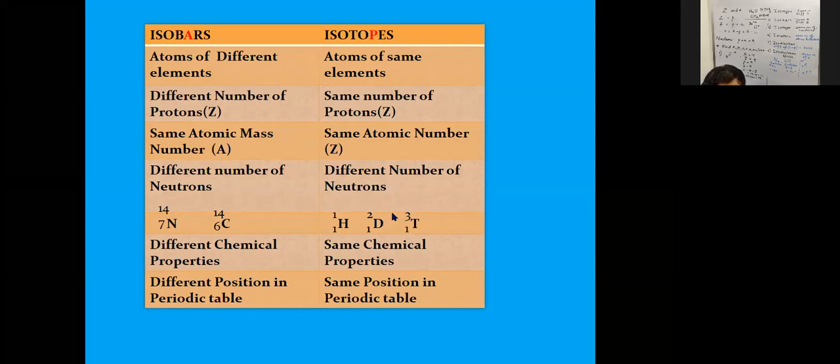Also, guys, can you underline the A in isobars, P in isotopes? Look at the start over there. देखो मैंने A red से लिखा हुआ है, P red से लिखा हुआ है. Please underline that.